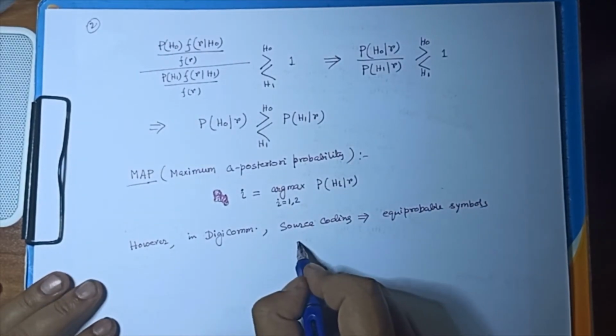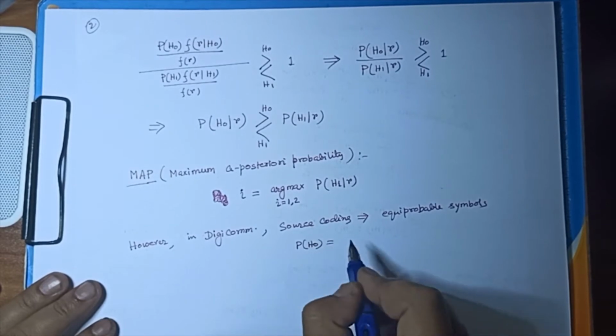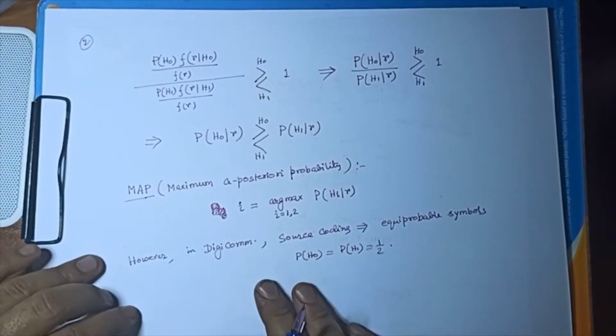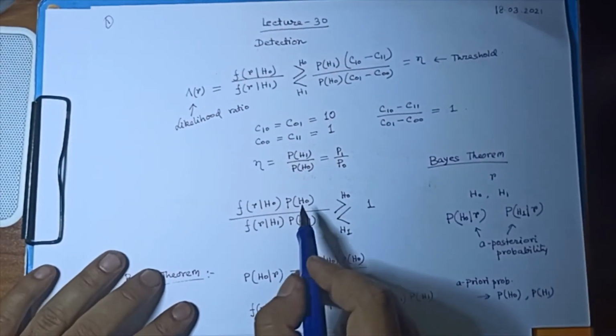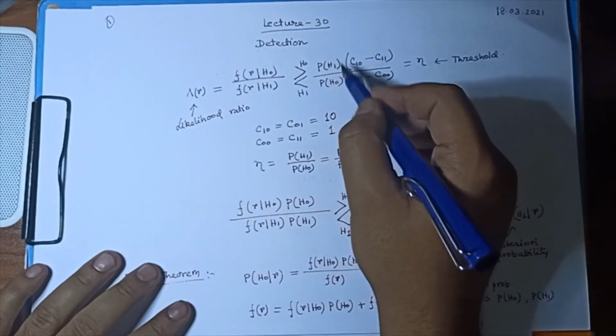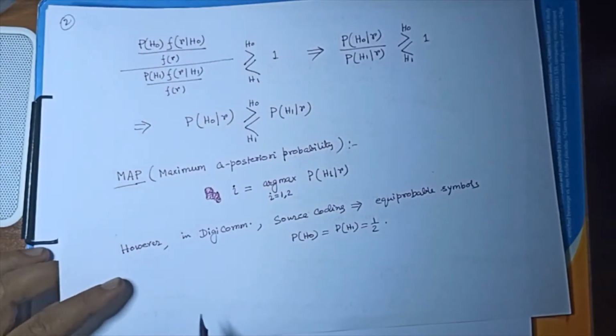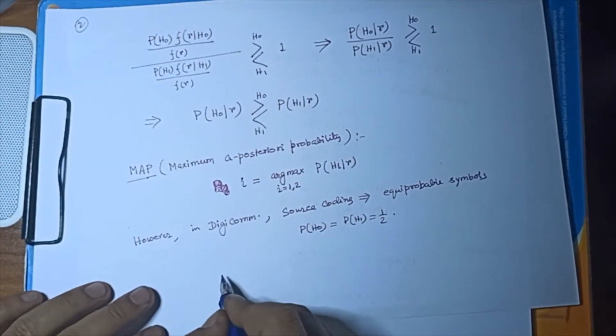That implies that P of H0 is equal to P of H1 is equal to half. So that enforces that simply that will also cancel out, that will also cancel out. So you will get the likelihood ratio as your decision rule.